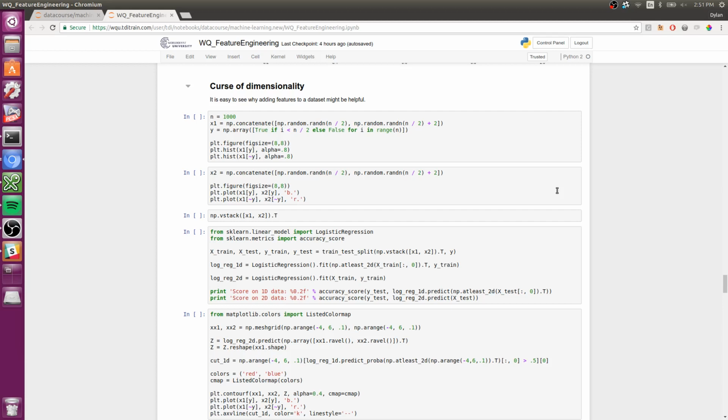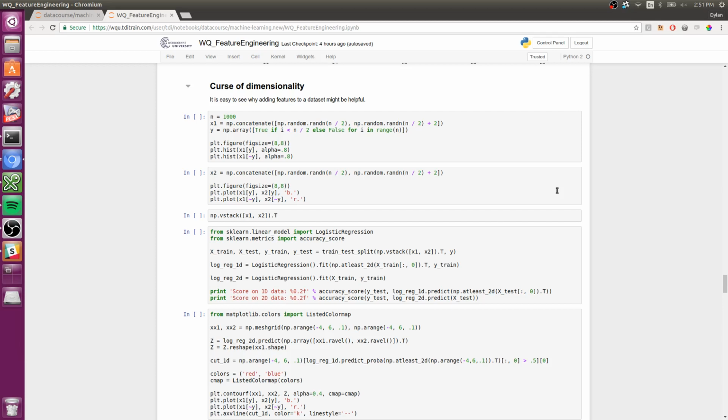Now, often adding features in this way can help us investigate trends. It can help us discriminate between different classes or regions of our data.